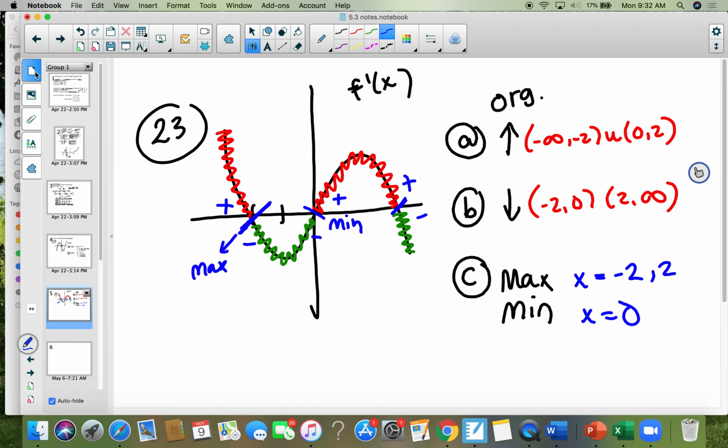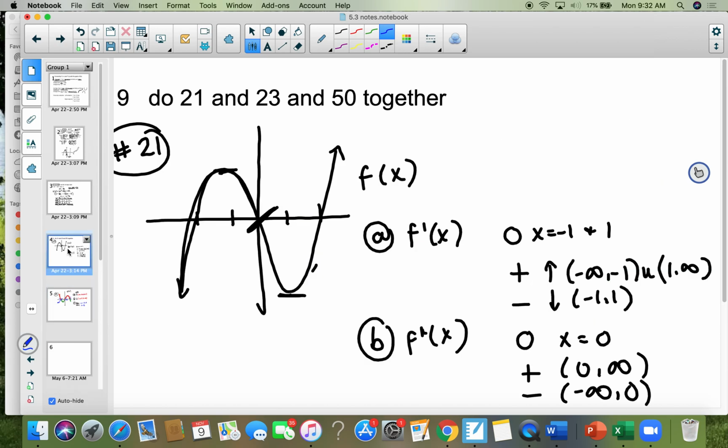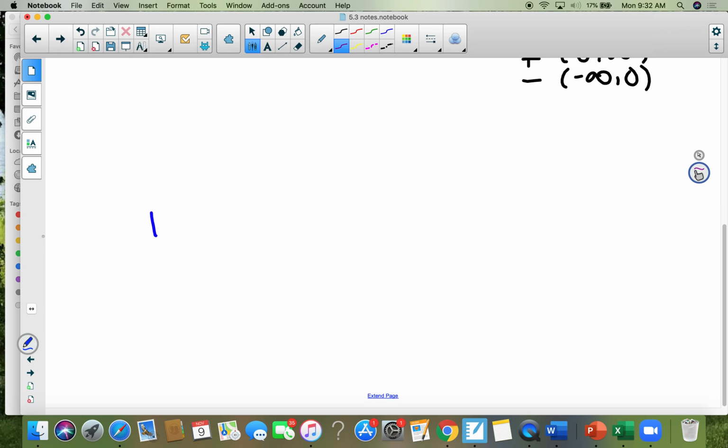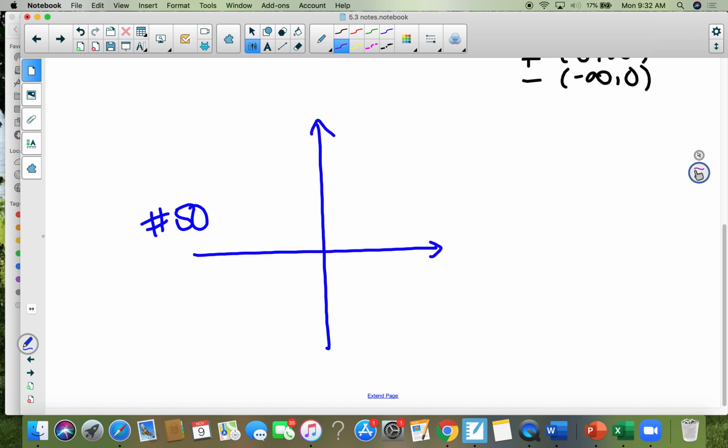And then the last part is let's do 50 together so you have an idea on how to read one like this. Here's number 50. Okay, so this is a derivative graph.